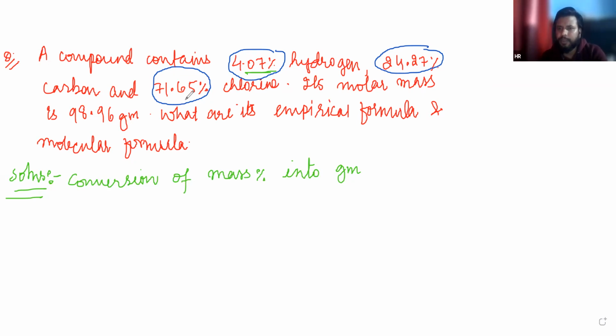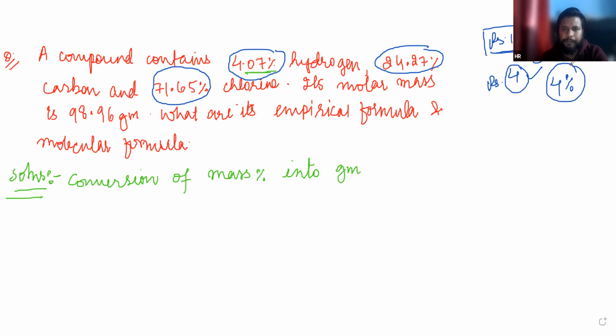If something is present at 4%, that means it is 4. Like if we have a total of 100 rupees, and I have a contribution of 4 rupees, then the percentage is 4%.